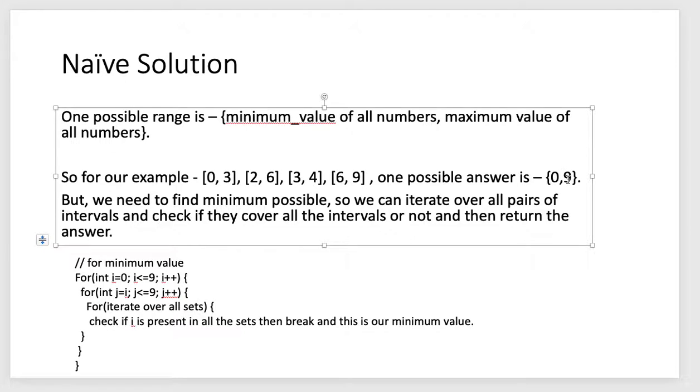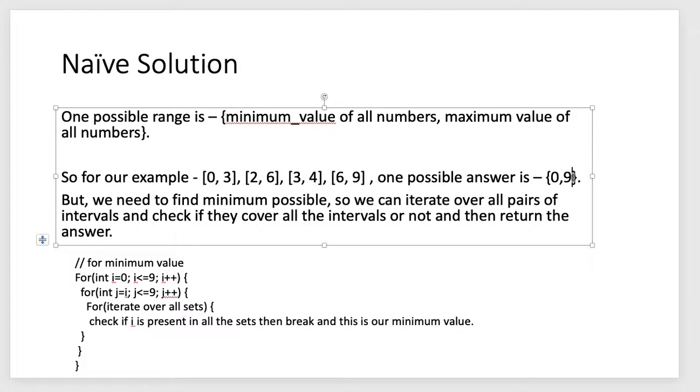So one way we can do here is we know the range 0 comma 9. Now I can make pairs of different numbers, let's say 0 comma 1, 0 comma 2, 0 comma 3, 0 comma 4, similarly 1 comma 2, 1 comma 3, right?